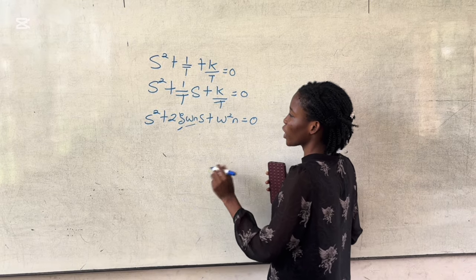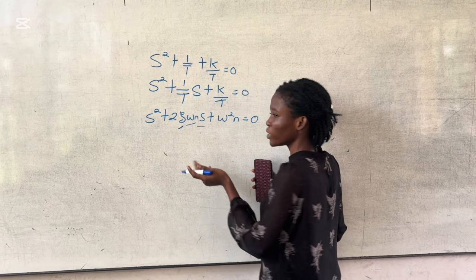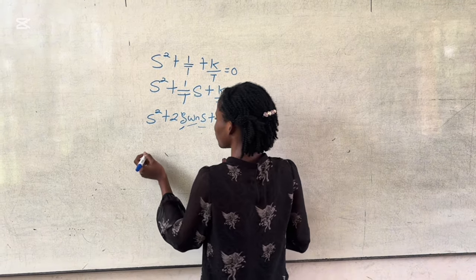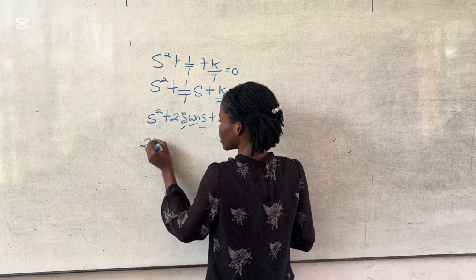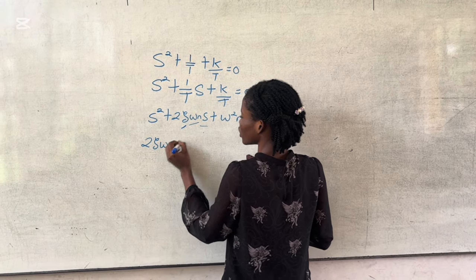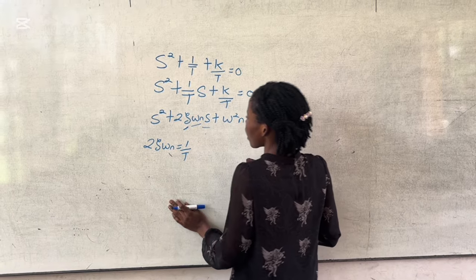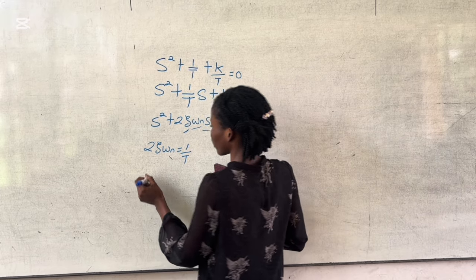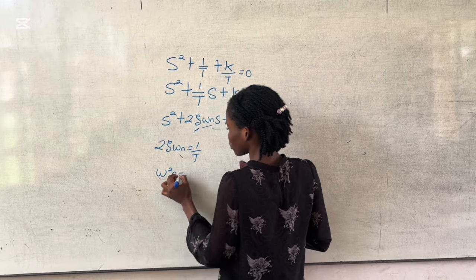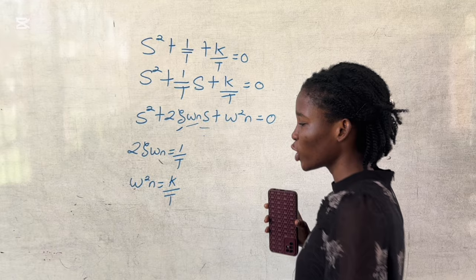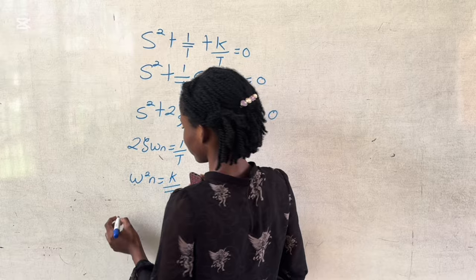So first of all, we are going to compare S to be our first coefficient. So you are going to have 2 zeta omega n, which is going to give us 1 on T. And from this, you are going to compare to K on T.